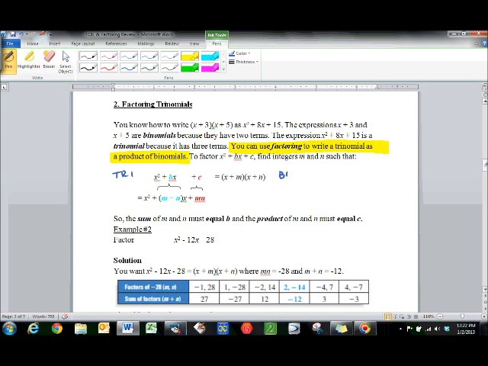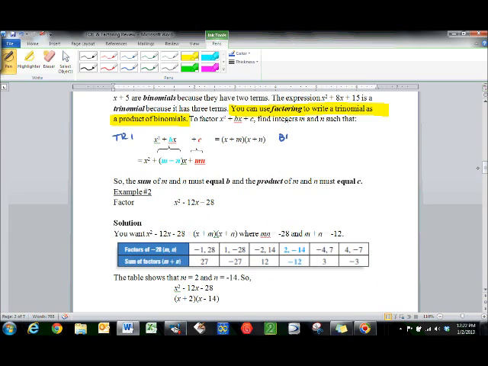So we have to come up with a list of potential pairings that would make a product and a sum given the m and the n values from the binomial. So what we want to do when we work a problem like this, and we're going to start by clarifying that we are only going to be doing this with a trinomial that has an understood 1 as a leading coefficient.